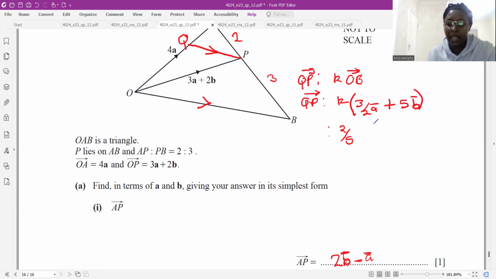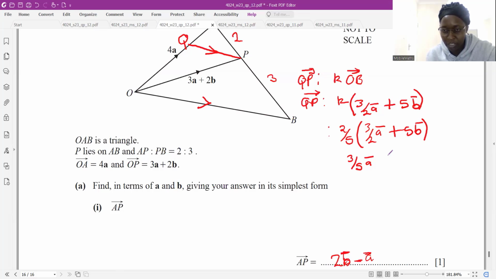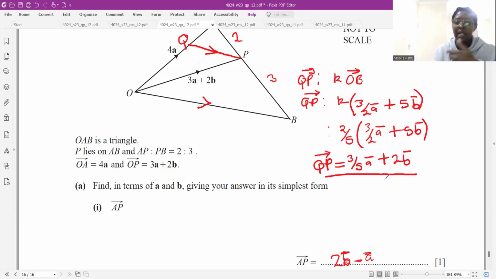So I'm going to multiply everything by 2/5 there. So let's multiply everything. Okay, so this one by this one, they cancel off each other. We get 3/5A. Then on this one, the 5, they cancel off each other, so we get plus 2B. Okay, so it means our QP is equal to this vector. So this is the final answer for the parallel vector to our QP.